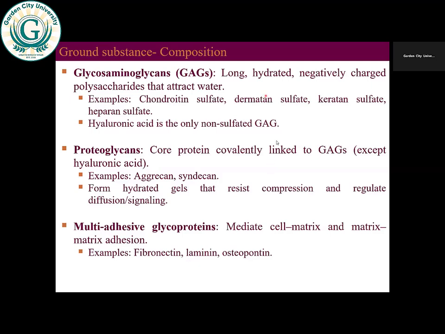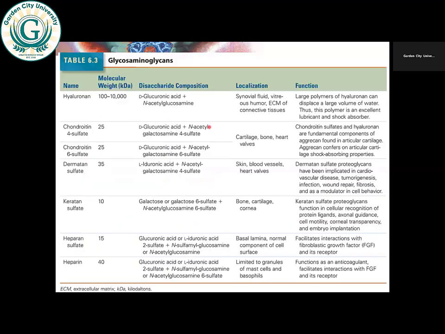I was seeing some charts, so I wanted to know what was there. It looks like there's something else not related to what we are doing. So here, I was just trying to look at the glycosaminoglycans. These are the types that we have.